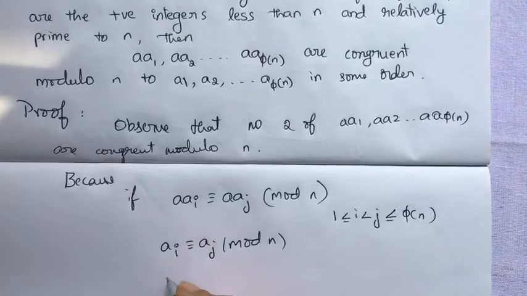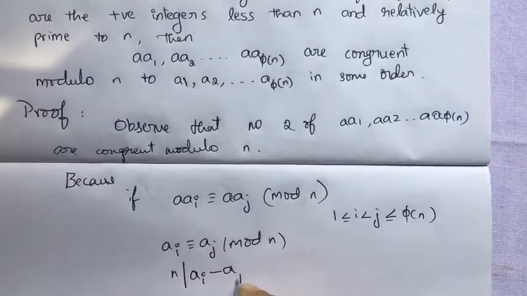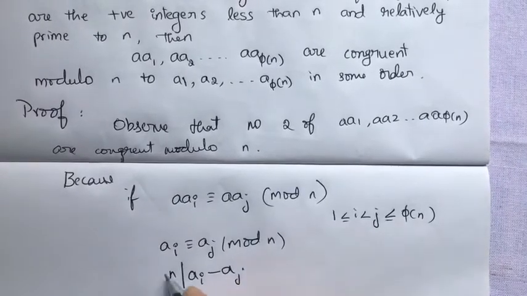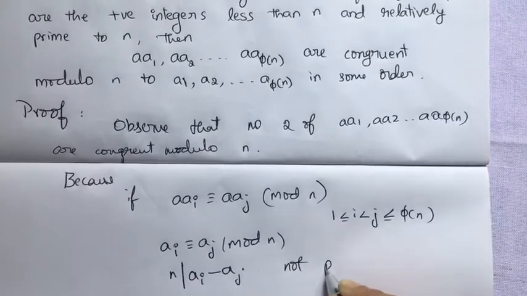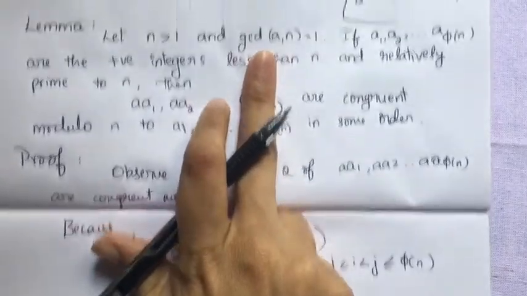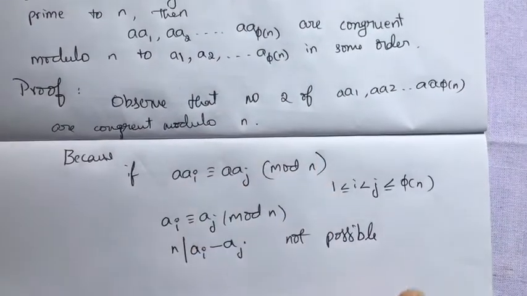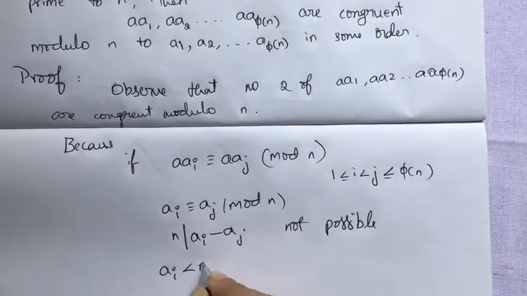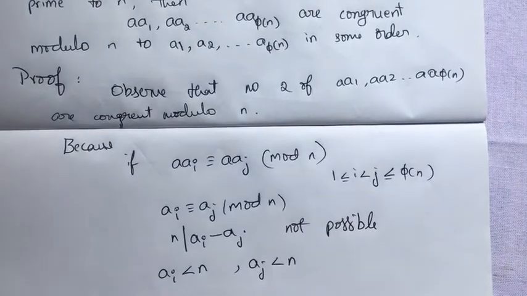What does it mean? It means n divides ai minus aj, which is not possible. It's because GCD of a and n is 1, and ai and aj are less than n.